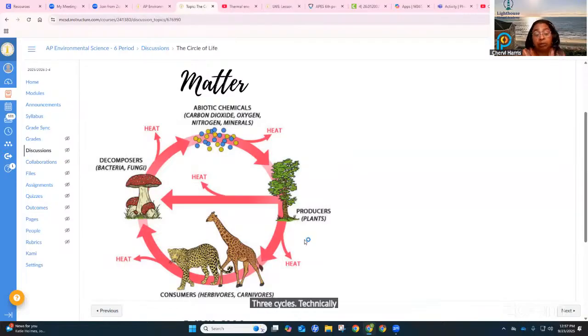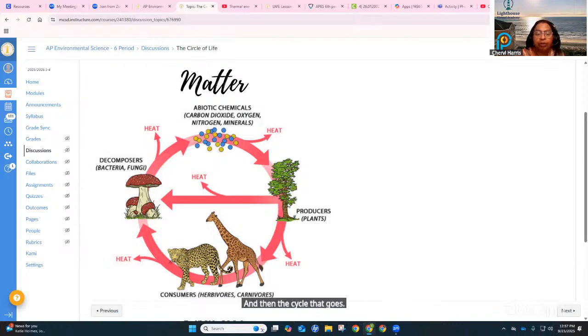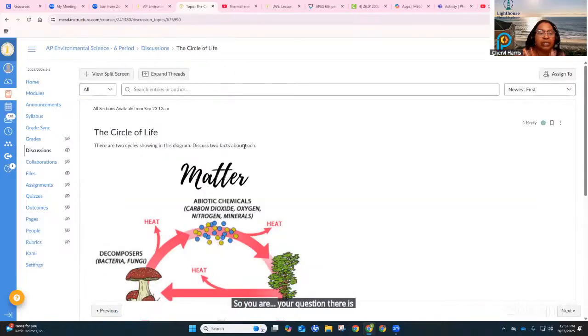Technically, the one up top is similar to the one on the bottom. So you have the larger cycle, and then the cycle that travels from the decomposers to the producers and back to the decomposers, or you have the cycle that goes all the way around. So your question there is to discuss two.